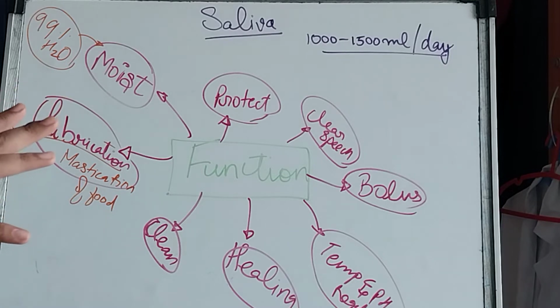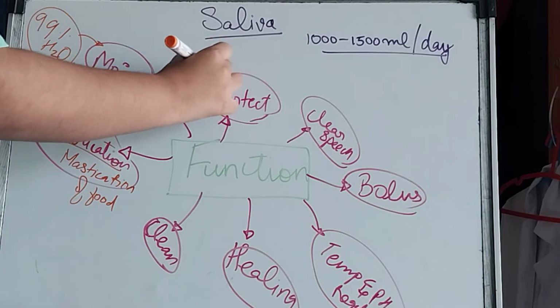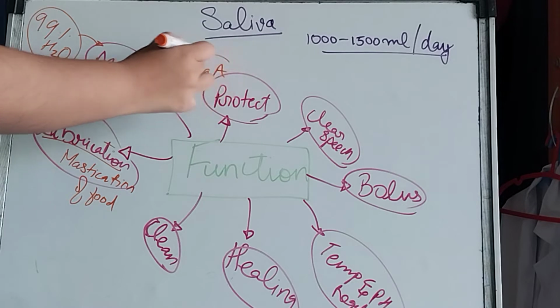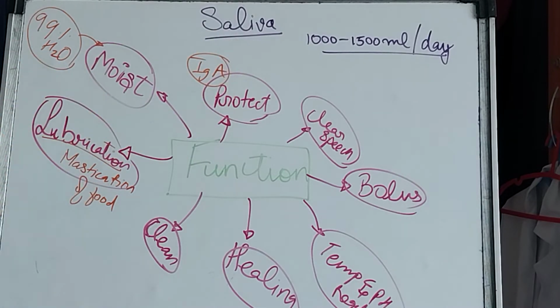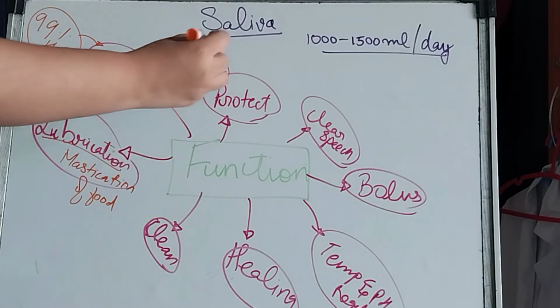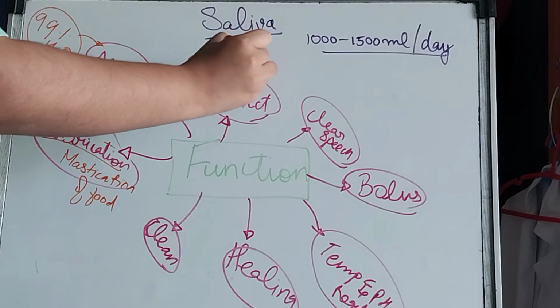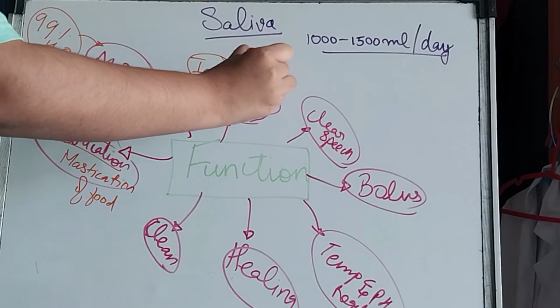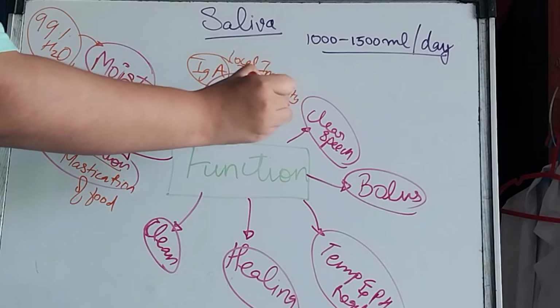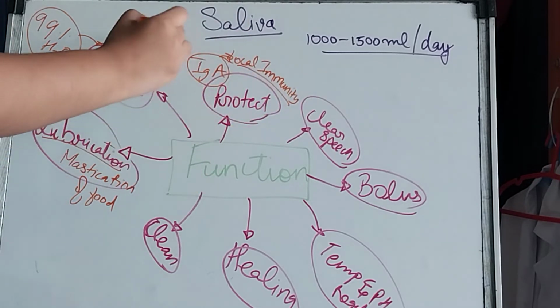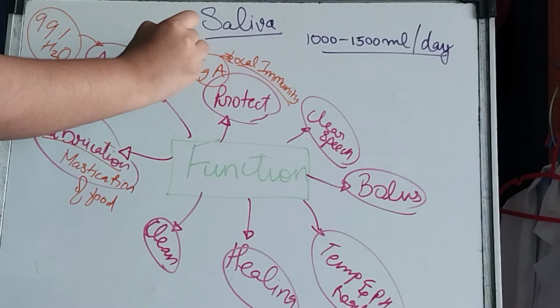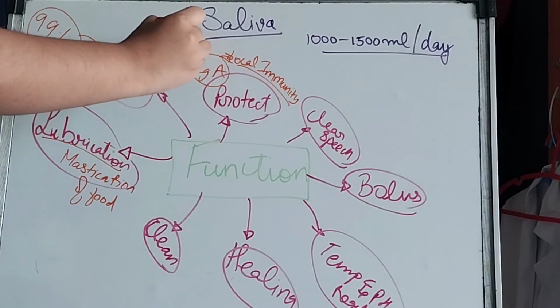Then the next function is it protects. So protects how? The saliva has IgA immunoglobulin, so it provides local immunity. It also has lysozyme action.